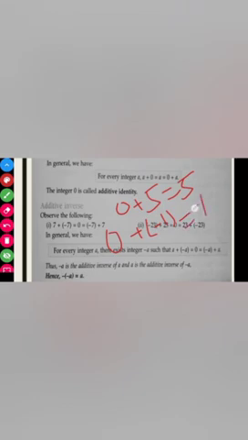So you can say when we add 0 to any integer, the result is the same. That's why 0 is known as the additive identity. Why? Because for every integer a, a plus 0 will be a, or 0 plus a will be a. Understand? So that's why 0 is known as the additive identity.